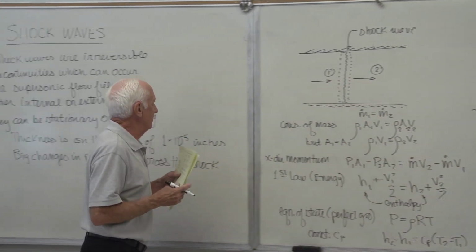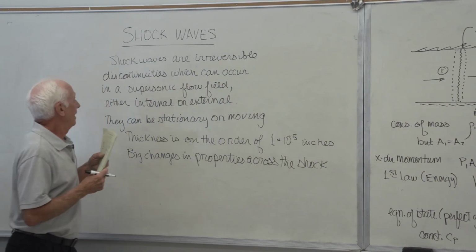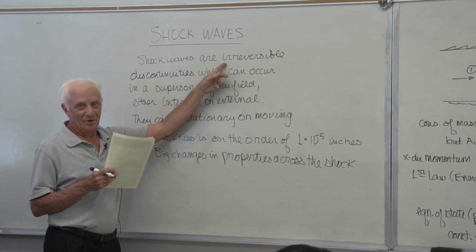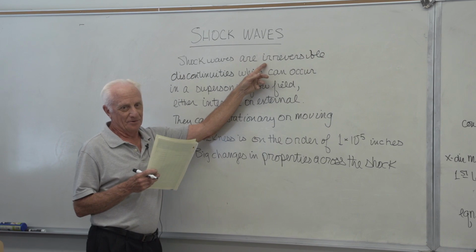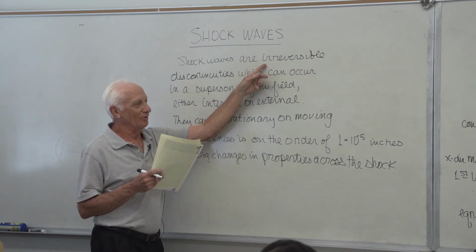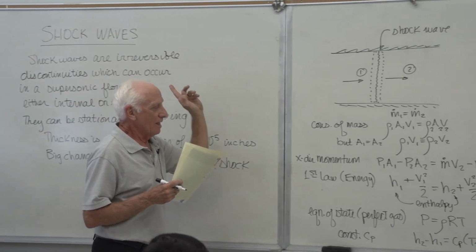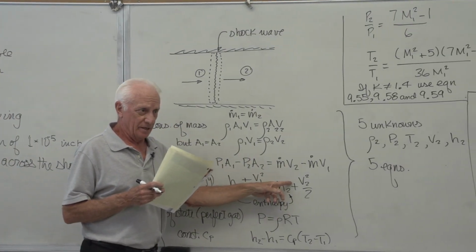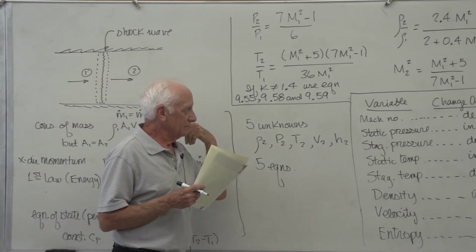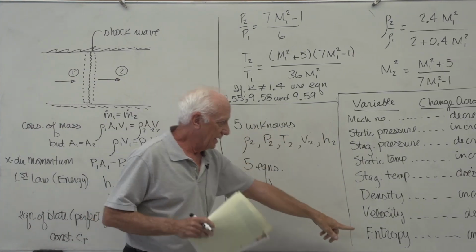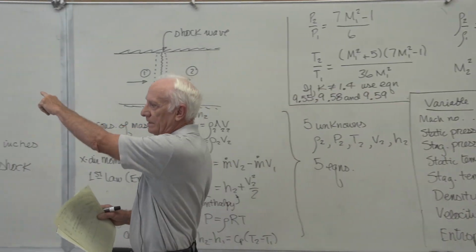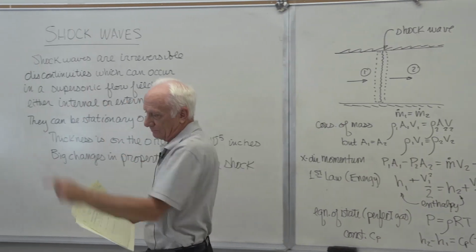Now, the shock wave is irreversible. So you can guess from your thermal background what entropy does. It doesn't go down. It goes up. Irreversibility causes entropy to go up. Therefore, you choose the right V that causes the entropy to go up, okay? And that's reflected over here then. Entropy, of course, must increase across a shock because of the irreversibilities in the shock.